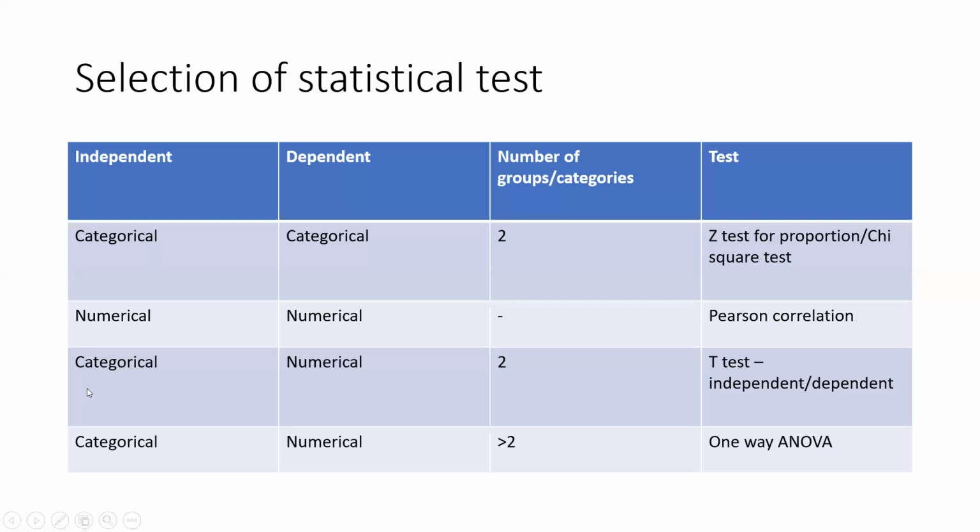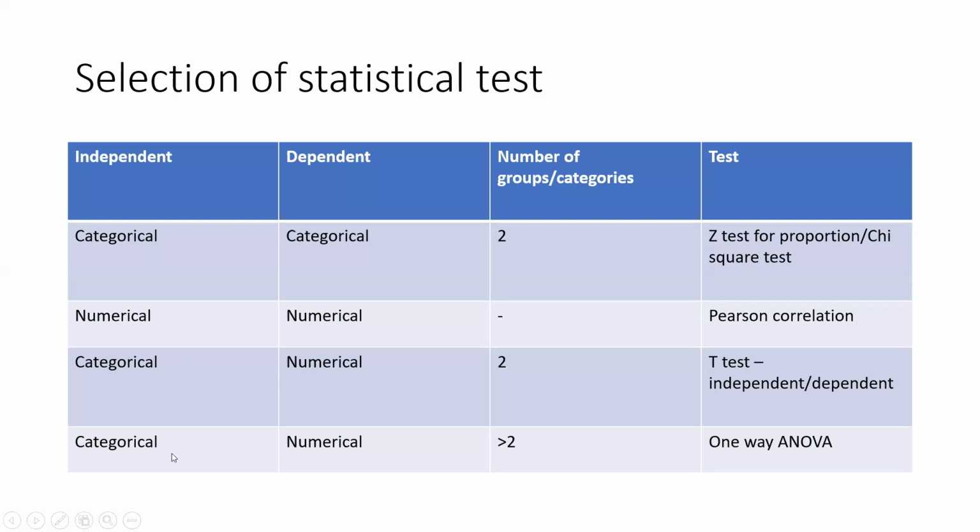The same category, the same group, we measure a score in those two instances, before and after a training program. So we will use the dependent sample t-test.